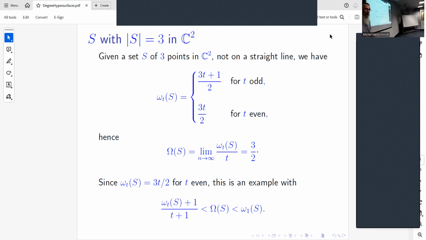And then we can compute the limit of omega t over t, which is 3/2. So this is the first example of omega of S, which is less than omega 1 of S, and which is greater than omega t plus 1 divided by t plus 1. So this number, capital omega of S, is an interesting number, which I want to investigate further.